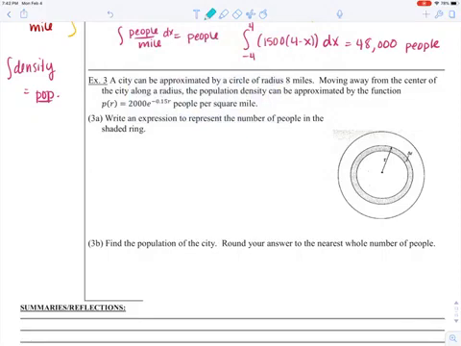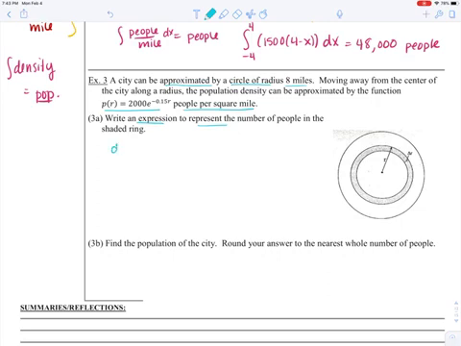Typically, when we talk about densities of people, we're talking about a circular radius of a city. So it says a city can be approximated by a circle of radius 8 miles. Moving away from the center of the city, the population density can be approximated by this function in people per square mile. Write an expression to represent the number of people in the shaded ring.